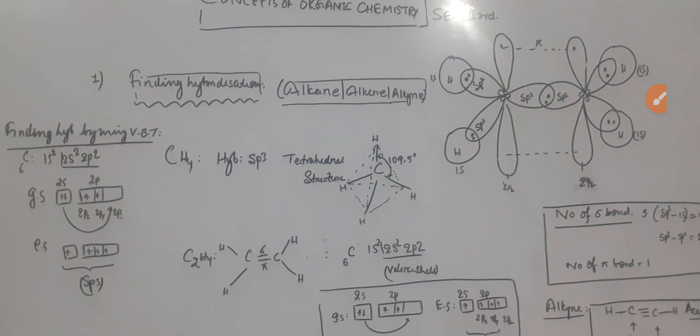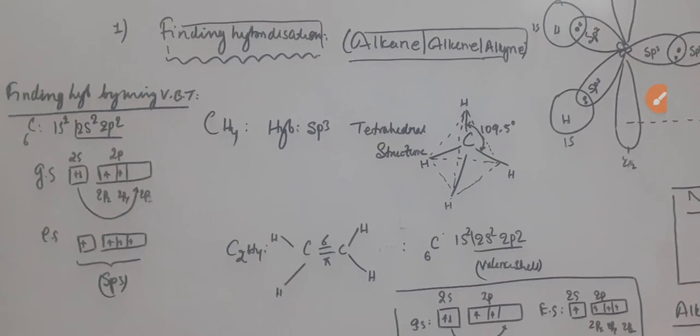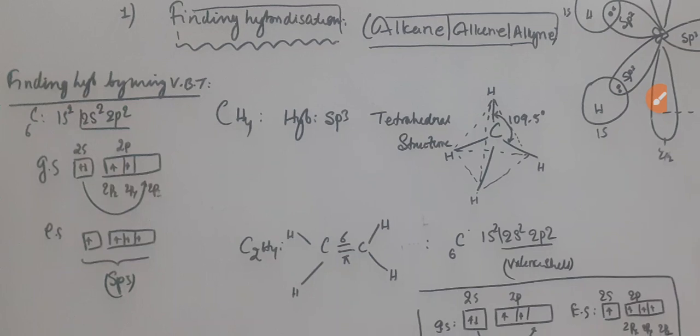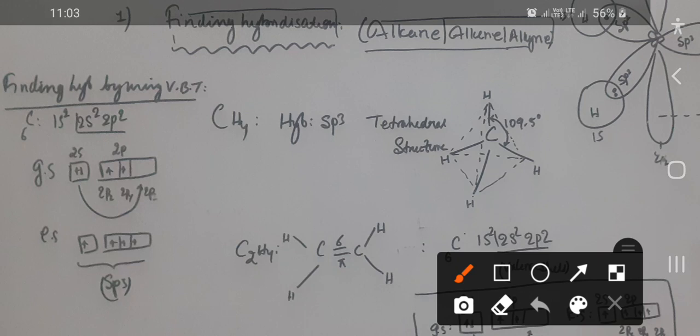So let us start with the topic, how to find out the hybridization. In organic chemistry, if you want to find out the hybridization, what you need to understand? You need to understand that there is a possibility of three types of hybrid orbital, which are sp, sp2 and sp3. If there are 4 sigma bond, then it will be sp3.